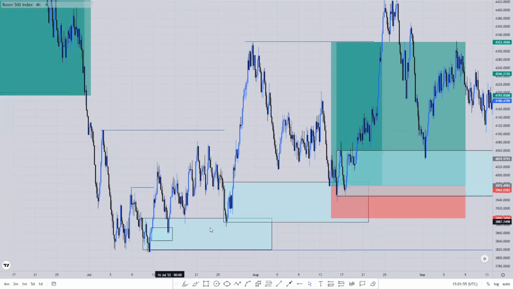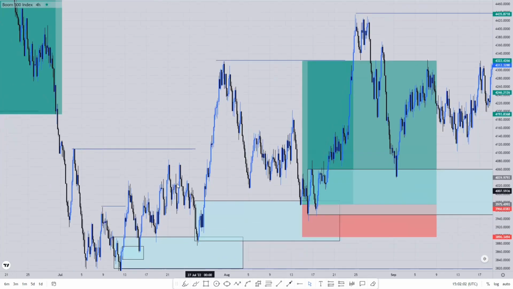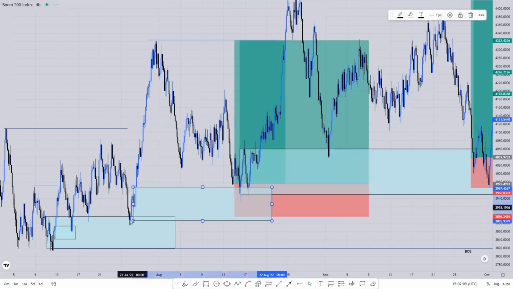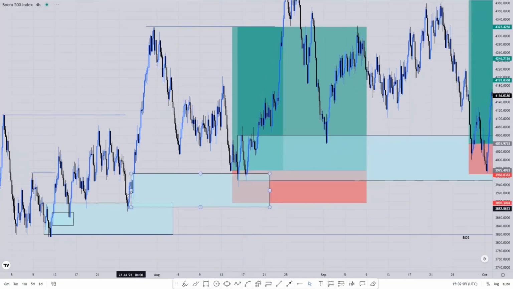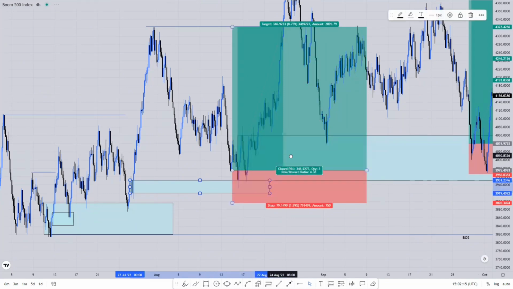So entering here, entering there, all of these opportunities that you could have actually taken advantage of, it was going to the upside. Same thing with that one that after this break came back down to mitigate right here, came into this zone. You would have actually minimized your stop loss as well.